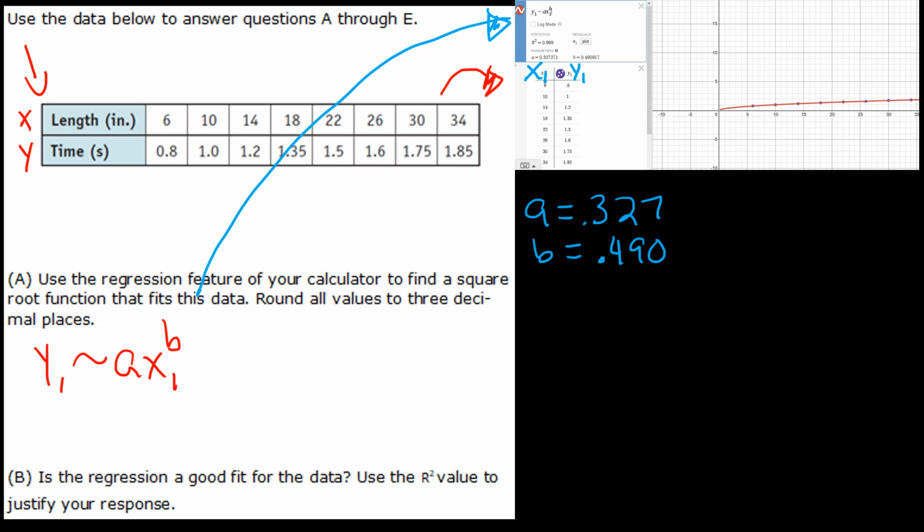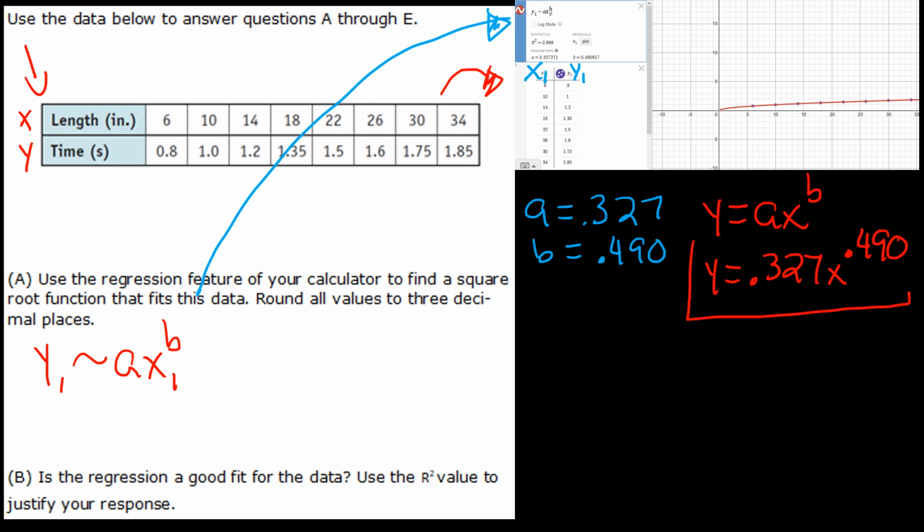And so then our equation would end up being, when we plug it into y equals ax to the power of b, we just simply plug in for a, which is 0.327x to the power of b, which is 0.490. And so for this first part, this is what we're getting.